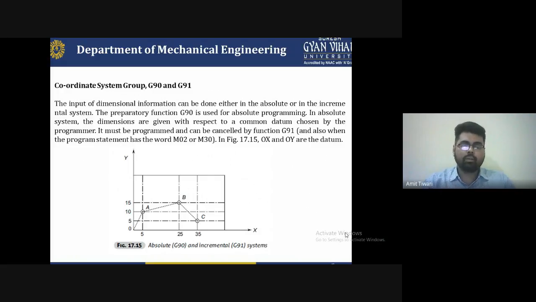The G code we are using is basically known as the preparatory function. G90 is used for absolute programming, and in an absolute program the dimensions are given with respect to a common datum chosen by the programmer.